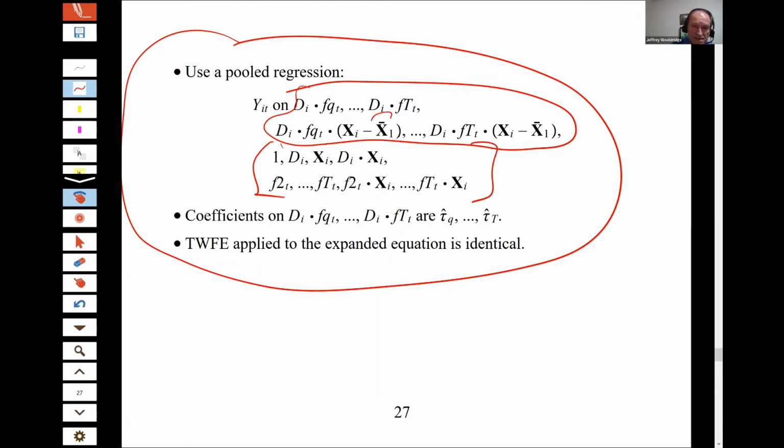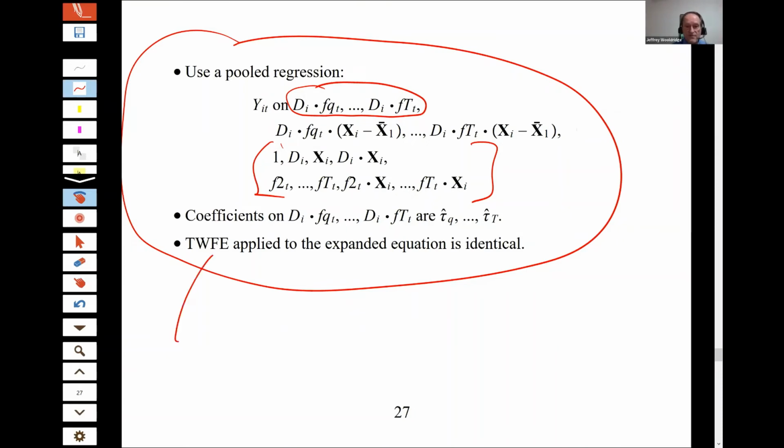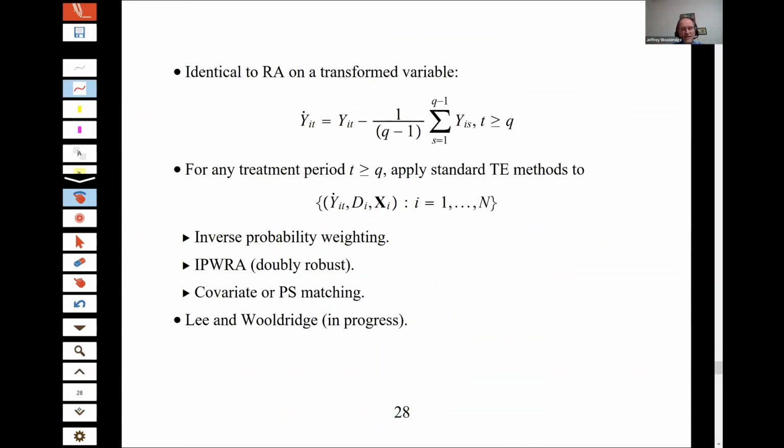And because of this centering, we force the coefficients on these variables to be the treatment effects that we actually want, okay? And also, there's a two-way fixed effects version of this, where when we apply two-way fixed effects, all of these things become irrelevant because they don't change over time. We still include the time effects and all of the interactions of time dummies with the X's, okay? And they're numerically equivalent, okay? That has been shown in my paper.